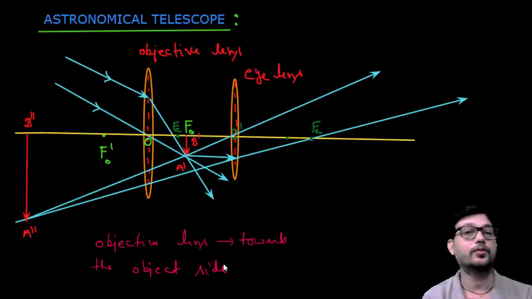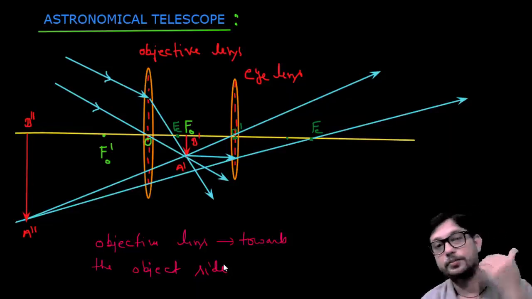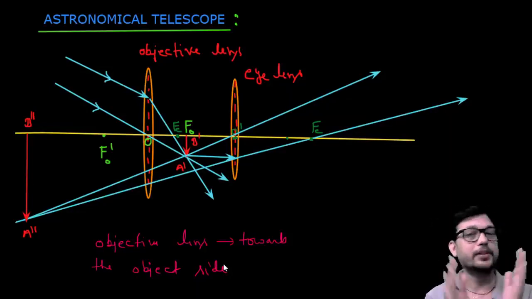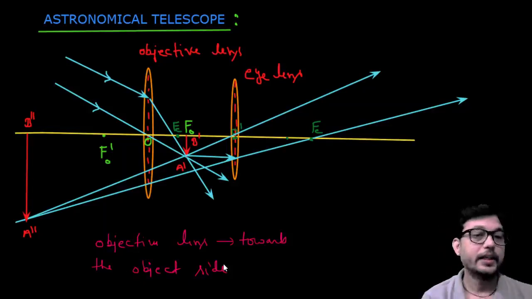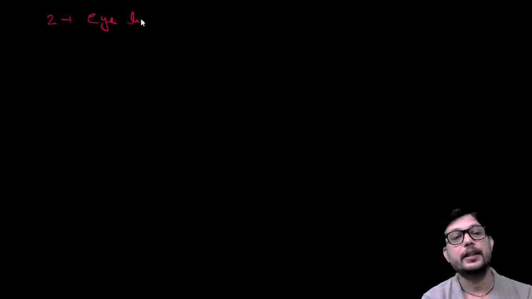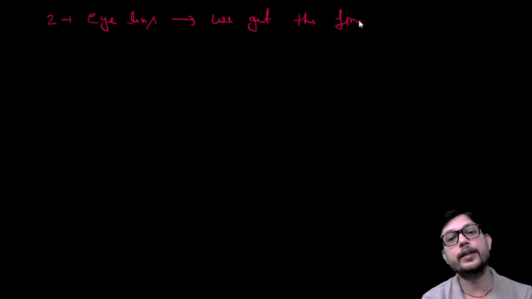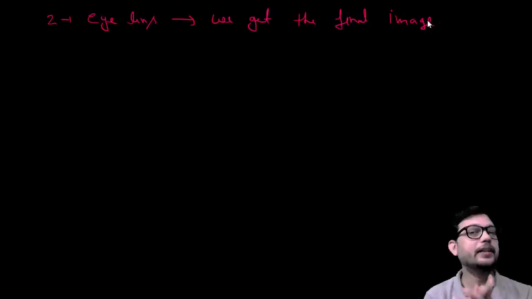So one lens is on the object side, and its name is the objective lens. The other lens, the second lens, is the eye lens, and from the eye lens we get the final image.